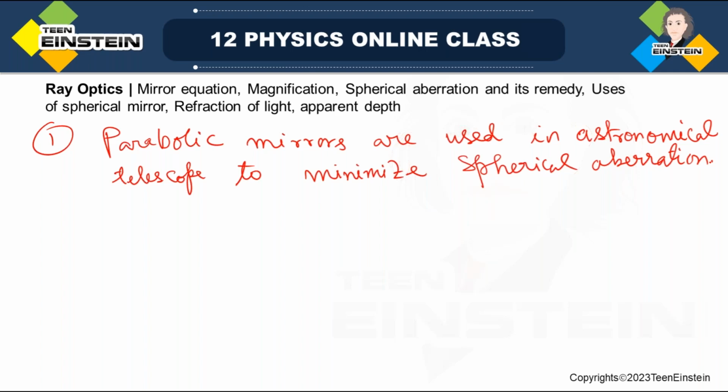And this antenna, to collect and bring, uses this property of the concave parabolic mirror.